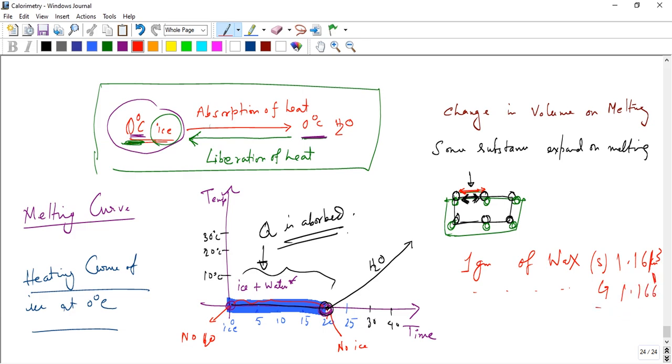So there is a slight change, about 0.006 cubic centimeter per gram, which is an expansion. That increases.